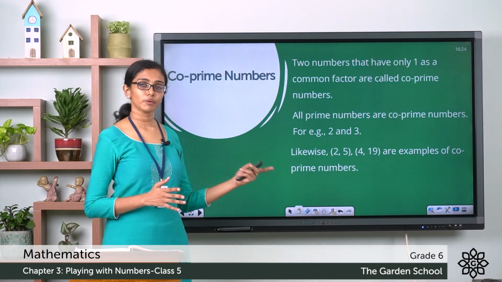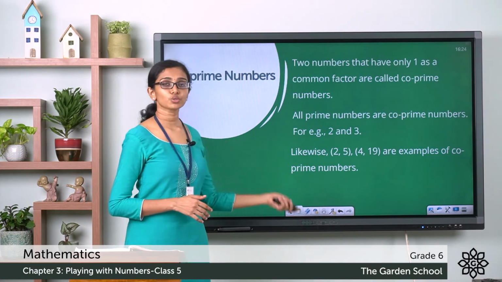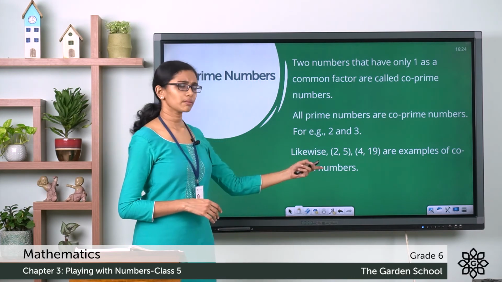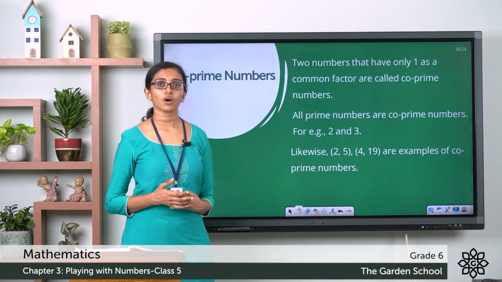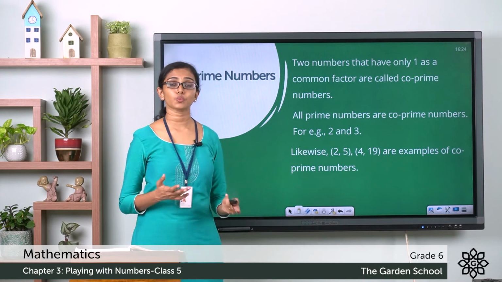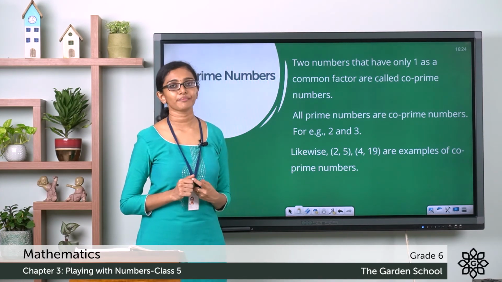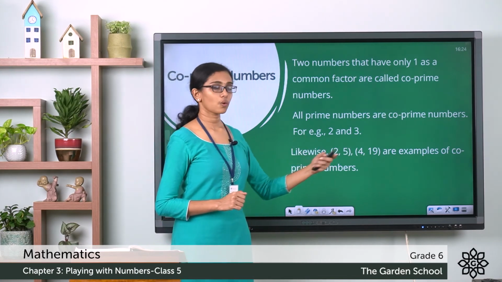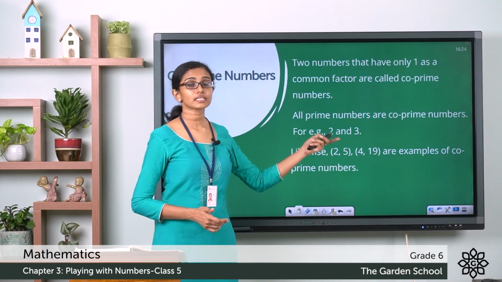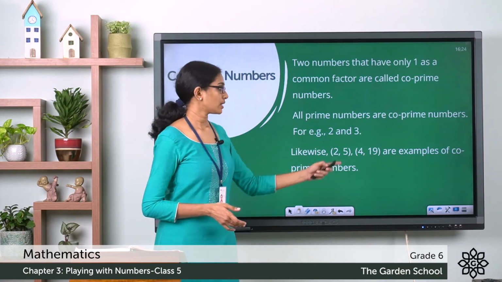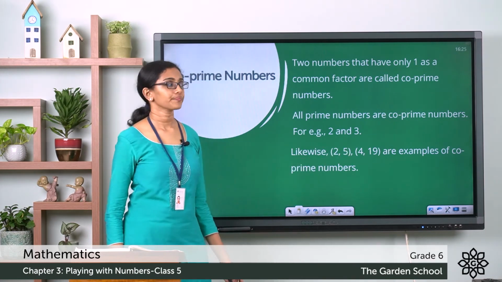Likewise, we have got a couple more examples here. The numbers 2 and 5. Both numbers are prime numbers and the only common factor for 2 and 5 is 1. So the numbers 2 and 5 are co-prime numbers. Now what about 4 and 19? 4 is a composite number, whereas 19 is a prime number.